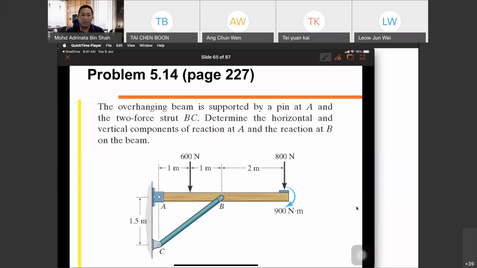So the pin and strut determine the horizontal and vertical components of reaction at A and the reaction at B. So dia nak tahu A dan B. You have 600 Newton, 800 Newton, and 900 Newton meter. So three loads are given.